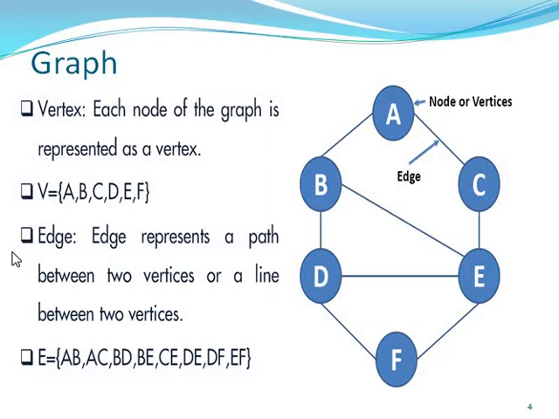Next, we can see what a vertex is. Each node of the graph is represented as a vertex. Here the vertex set is denoted by V equal to A, B, C, D, E and F. These are all the vertices.